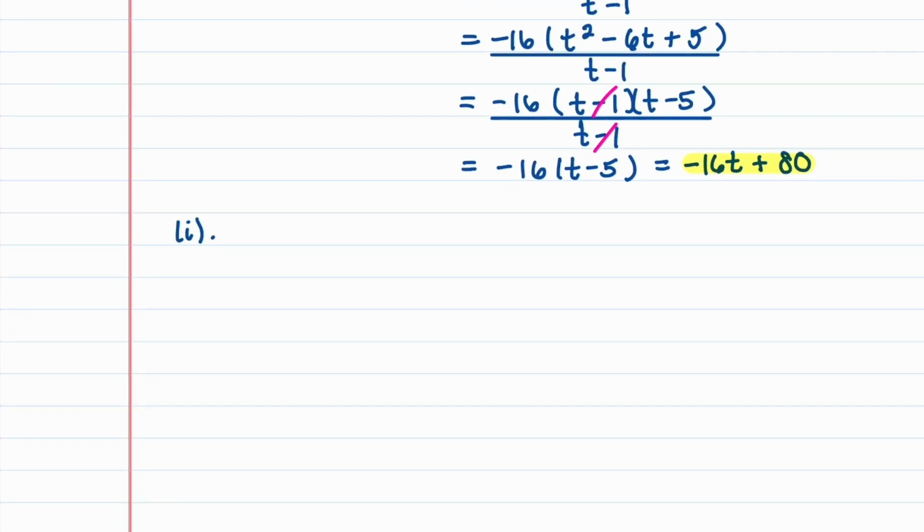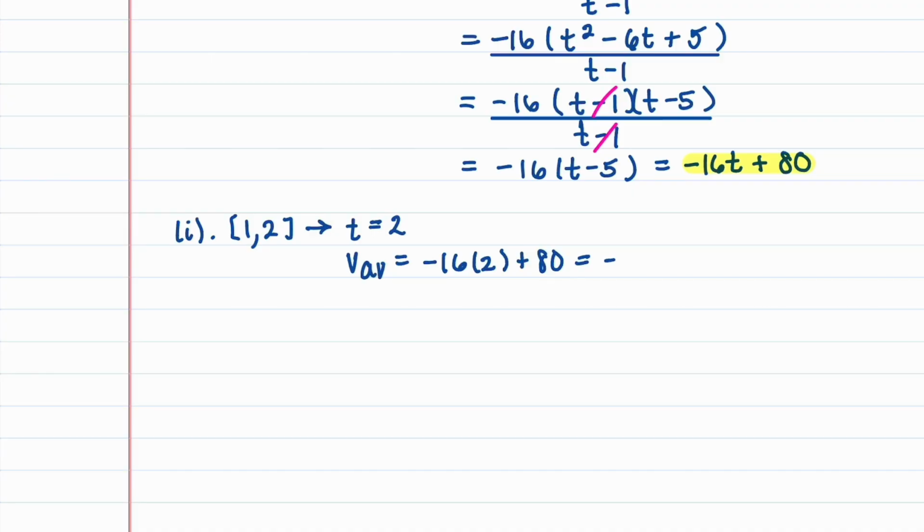Our first interval is from 1 to 2. So we're going to let t equal 2. So our average velocity is just minus 16 times 2, just plugging into our formula highlighted up there in yellow, plus 80.